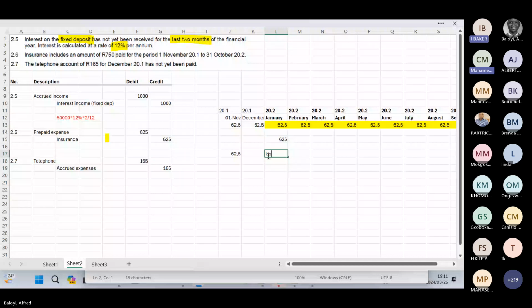Make it simple for yourself. Don't overcomplicate. Go back to the basics of what we did in high school when calculating the number of months with a number line. That way it will assist you not to get lost and to get accurate answers.